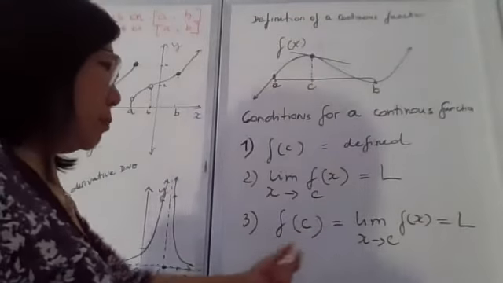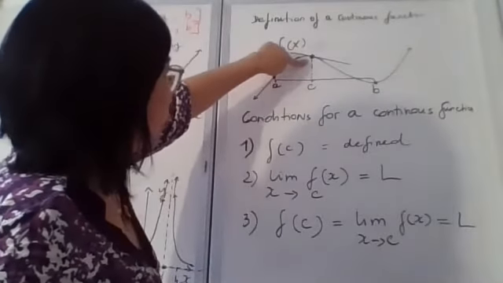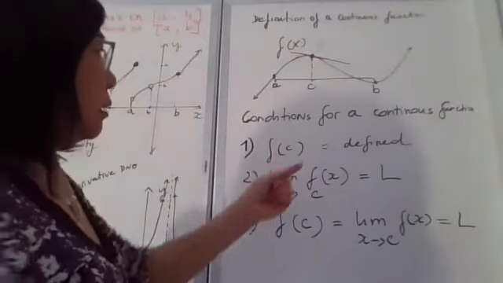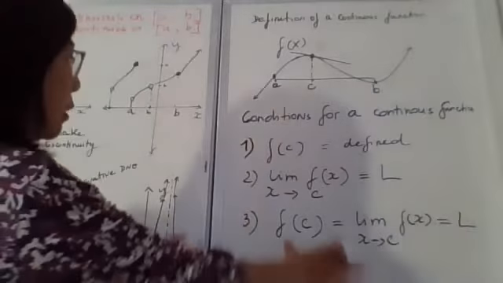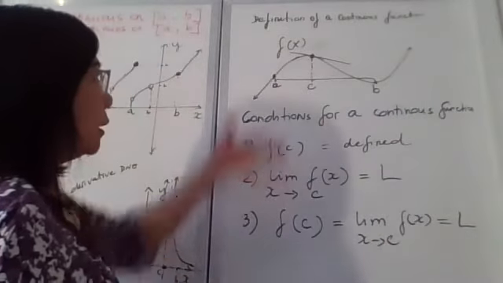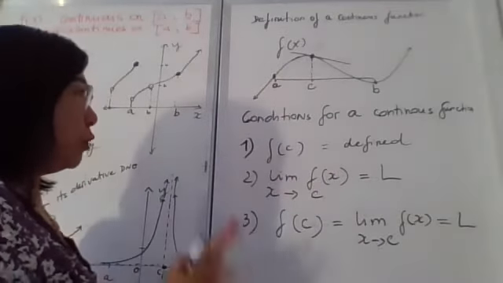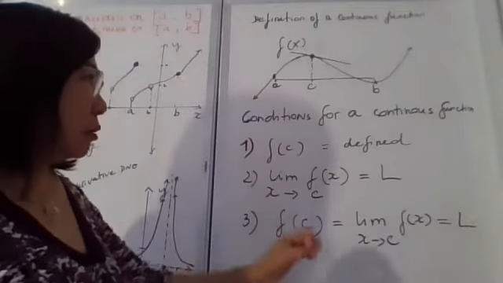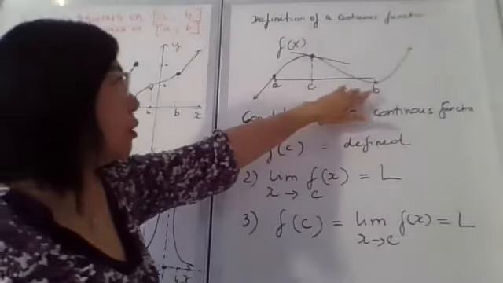But to find the limit, you have to look at the left-hand limit, when the function approaches c on the left, and when the function approaches c on the right. And we talked about that already in previous lessons. So now, as long as you find these three conditions, you can conclude that I have proven to you that this is a continuous function. There's no way this function has a hole or is broken anywhere on this interval a to b.